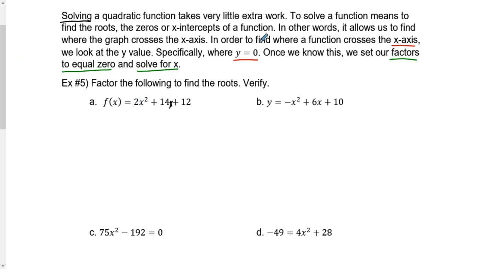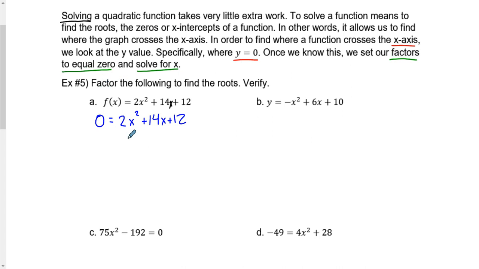Well, the first thing that we need to do is set our y equal to 0. Of course, as we learned in Foundations 10, f of x is y. So we just set it equal to 0. So we have 2x squared, add 14x, add 12, equal to 0. Then what we're going to do is we're going to factor.